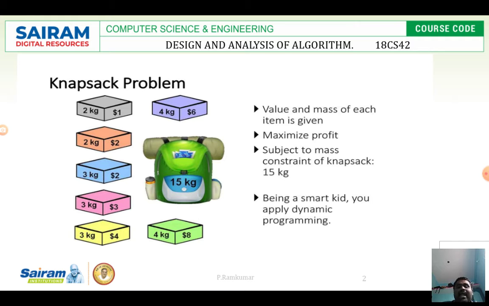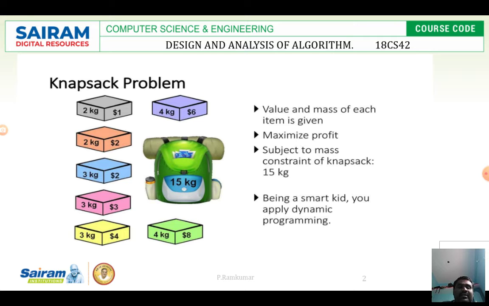Now I have to choose items one by one from the given set of items, then I have to fill up the bag, where my bag capacity is 15 kilogram. I cannot load any extra item afterwards, and also I cannot split the items into two. I cannot break the item into two to load the object into the bag.